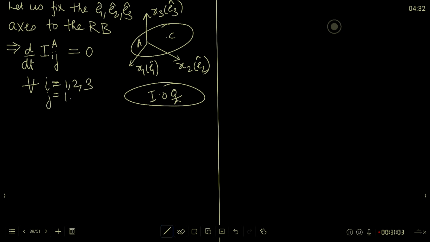All 9 components will vanish. Mind you, I am not saying i_i·i_j will vanish. No, I am not claiming that. I am saying that whatever i_i·i_j is, it will not change with time.